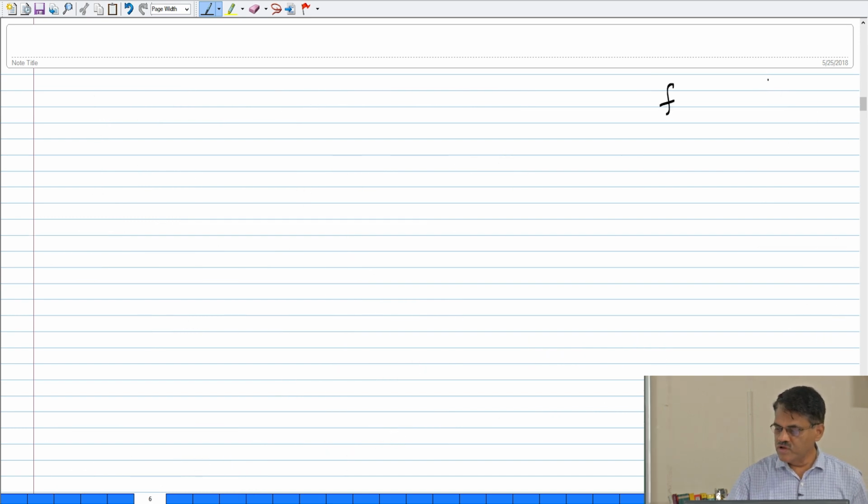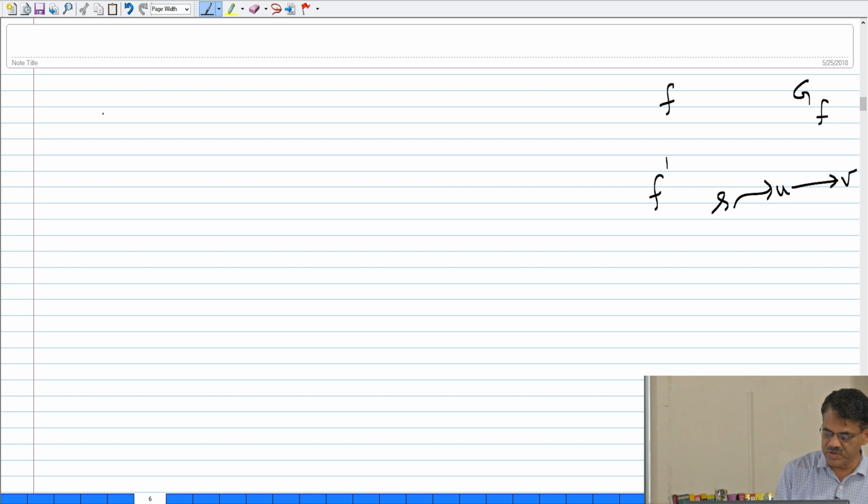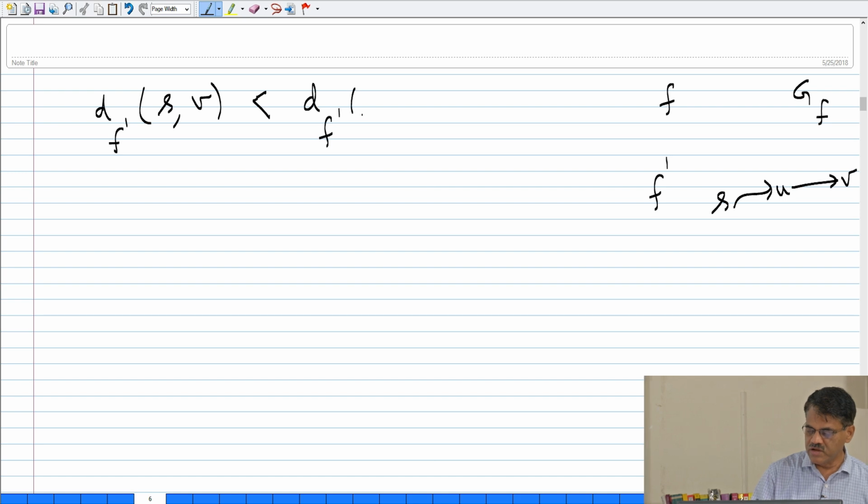Okay, so this is my GF and this is F prime, and my shortest path in F prime uses this. And what are the things I assumed? That in F prime, the distance from S to V actually decreases from what it was in F, and U is not such a thing.